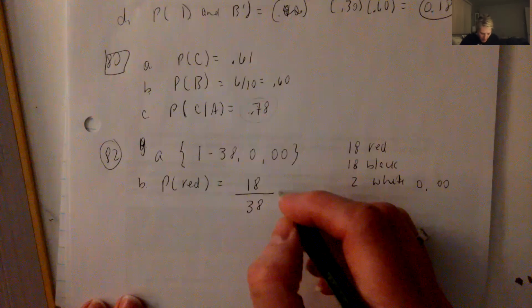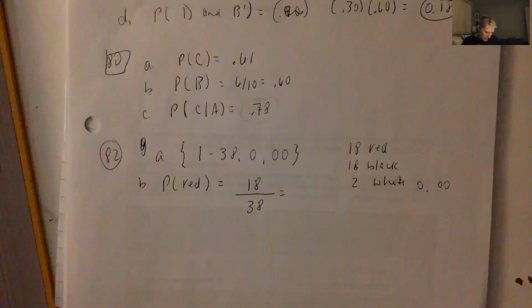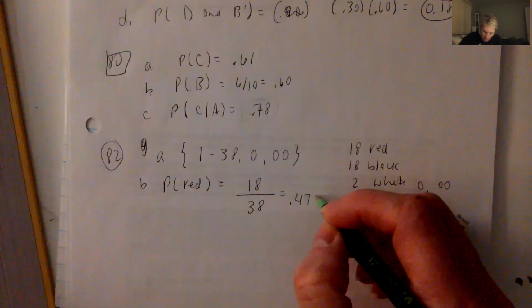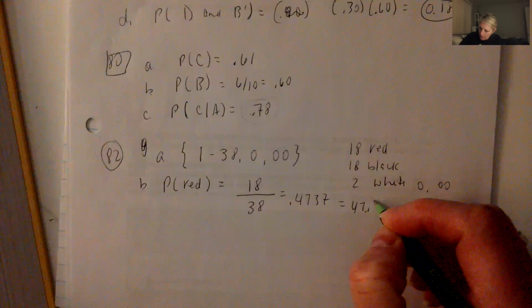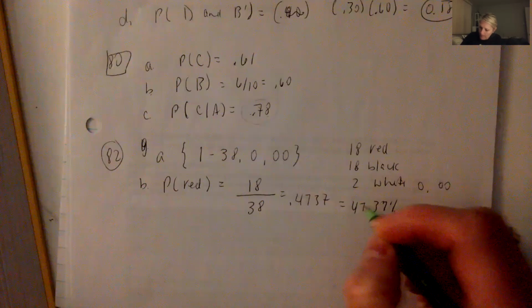So it's not quite 1/2. So that's where they get you. It's 0.4737. So about 47.37%.